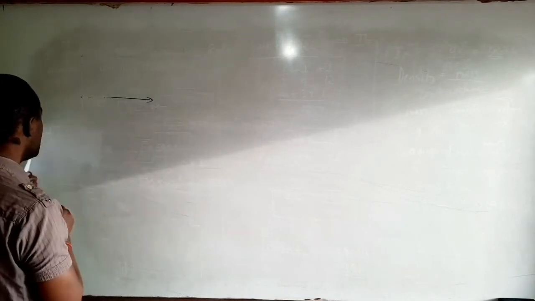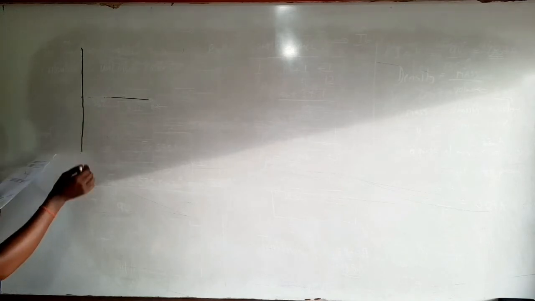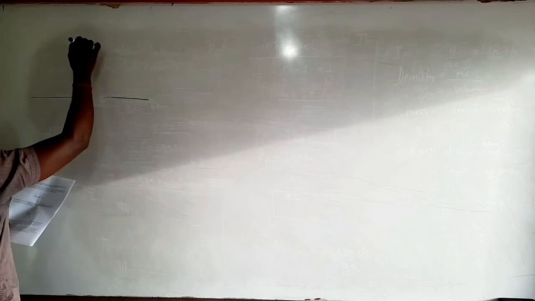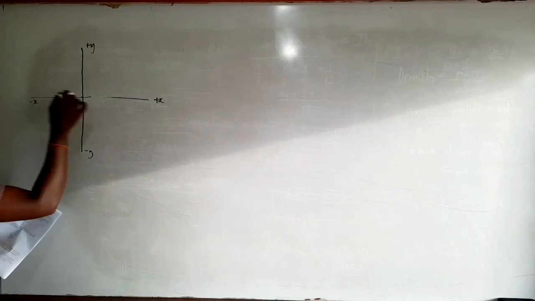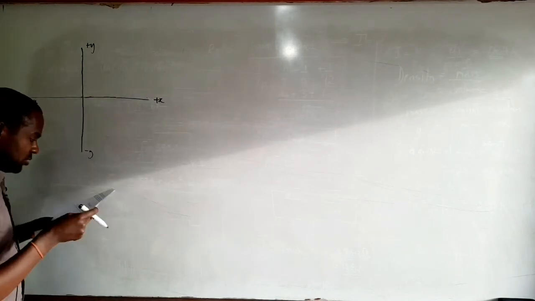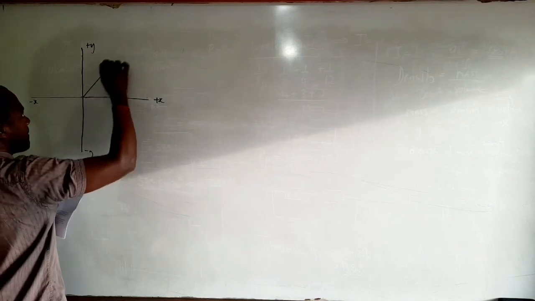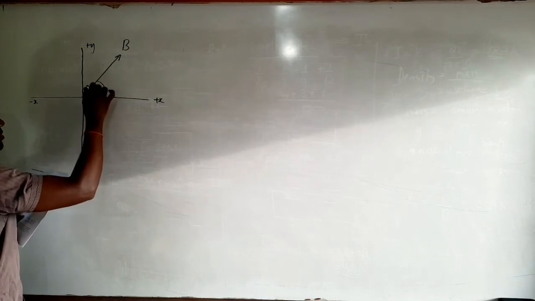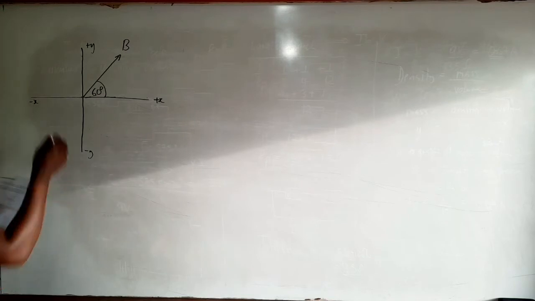So our diagram looks something like this. This is our plus y, minus y, plus x, minus x. Our displacement vectors are B, which acts at 60 degrees above the positive x-axis.